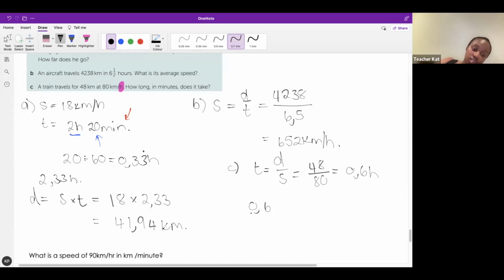Let's think about it carefully. Big units to small units. Are we multiplying or dividing by 60? Nice. So what's 0.6 times 60 then? Minutes.